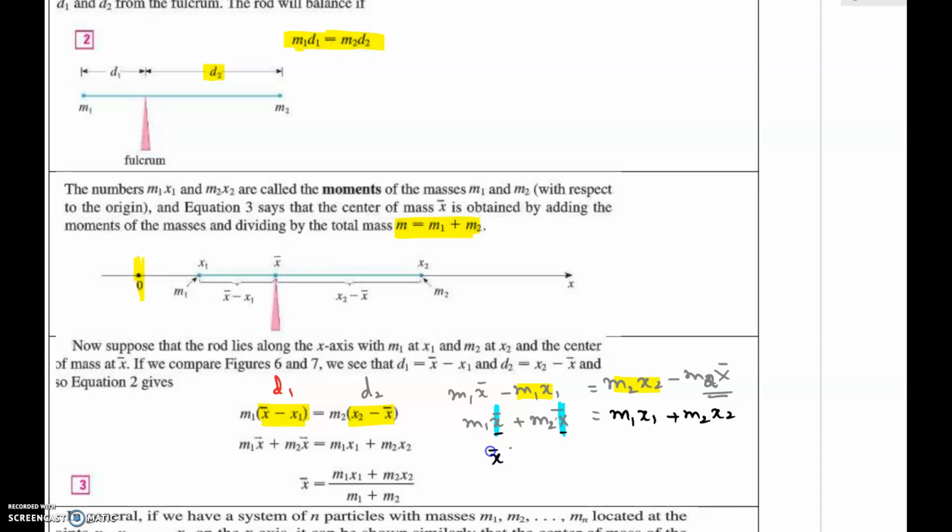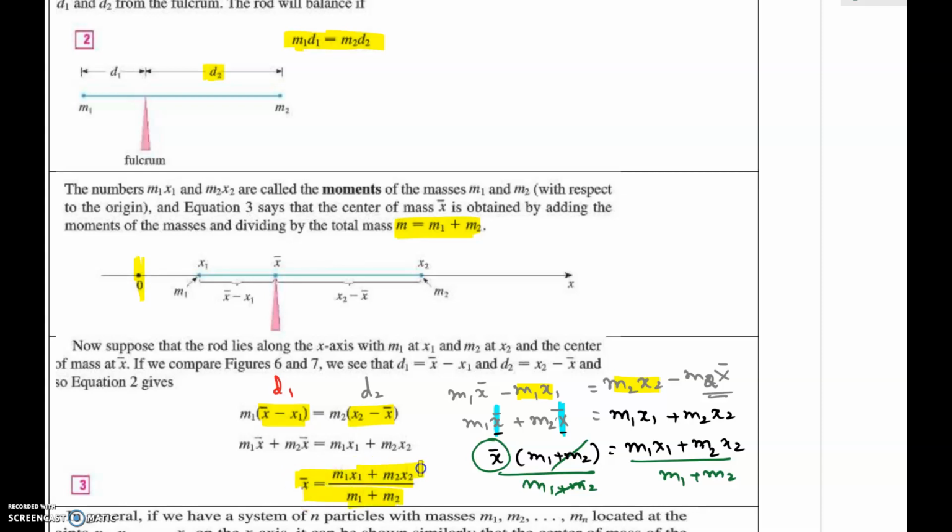You get x bar multiplied by M1 plus M2 equals M1 x1 plus M2 x2. Then by dividing by the total mass, M1 plus M2, M1 x1 plus M2 x2 divided by M1 plus M2 will be your x bar, which is where the fulcrum is balanced.